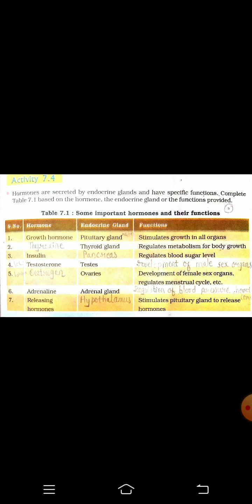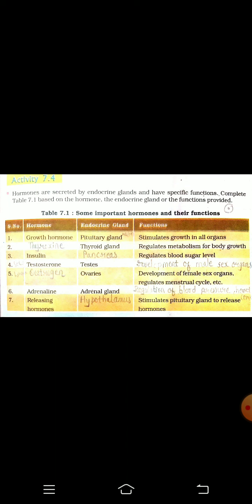Let us once again revise. First is growth hormone. It is released by pituitary gland. Function of it is to stimulate growth in all organs. Second is thyroxine hormone, which is secreted by thyroid gland, and function is to regulate metabolism for body growth. Third is insulin, which is secreted by pancreas, and the function is to regulate blood sugar level.